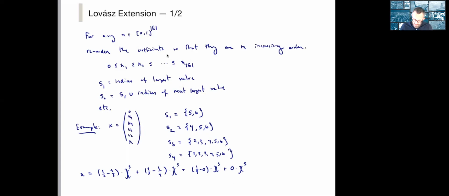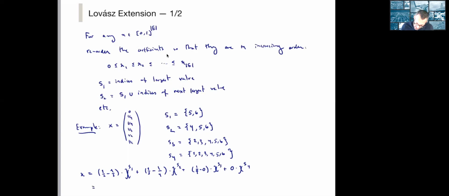So x is equal to (1/2 minus 1/3) times the indicator of S1, plus (1/3 minus 1/4) times the indicator of S2, plus (1/4 minus 0) times the indicator of S3, plus 0 times the indicator of S4.